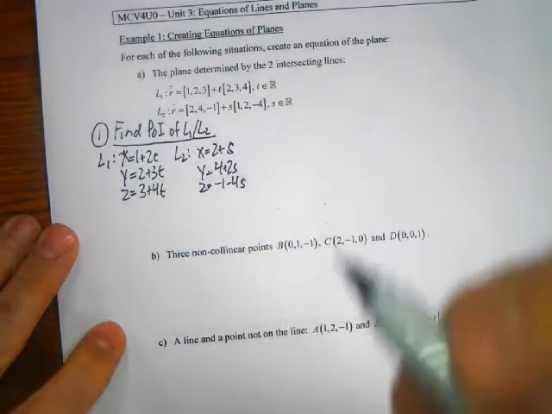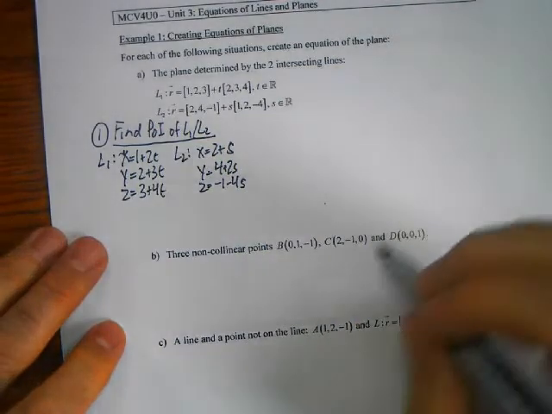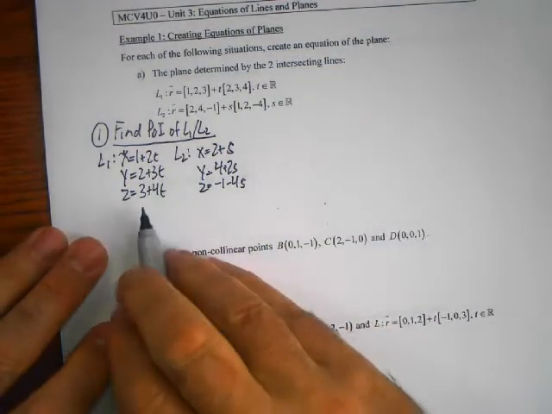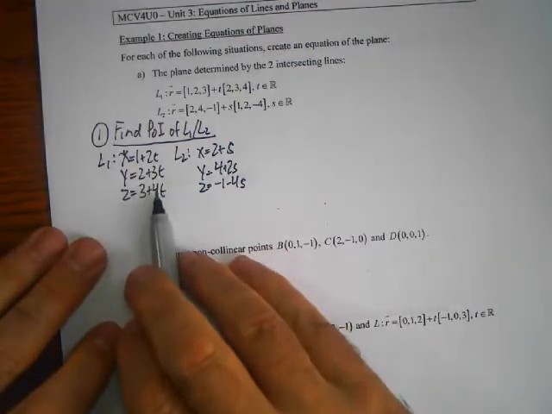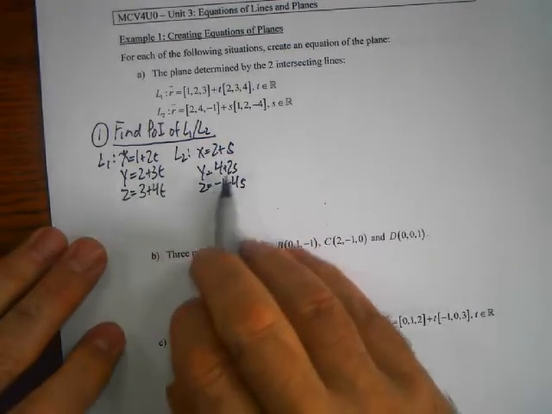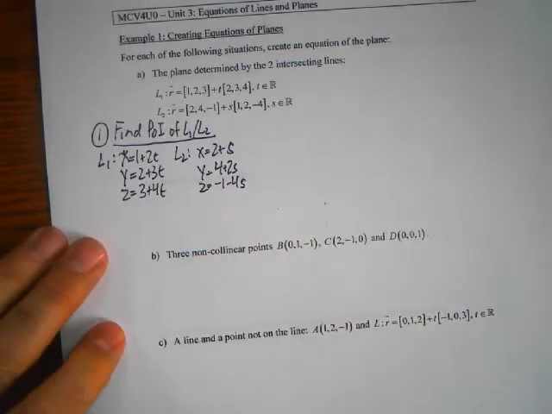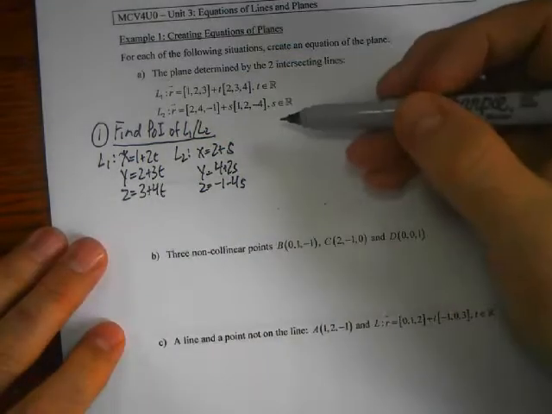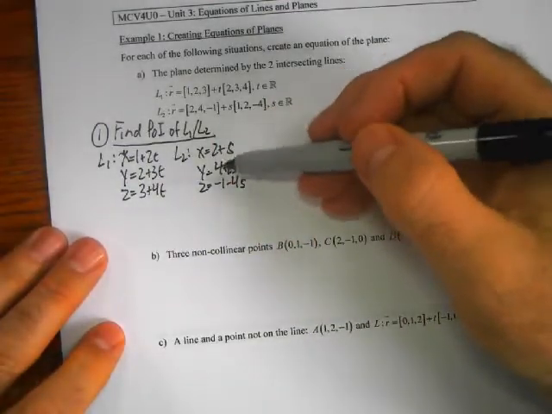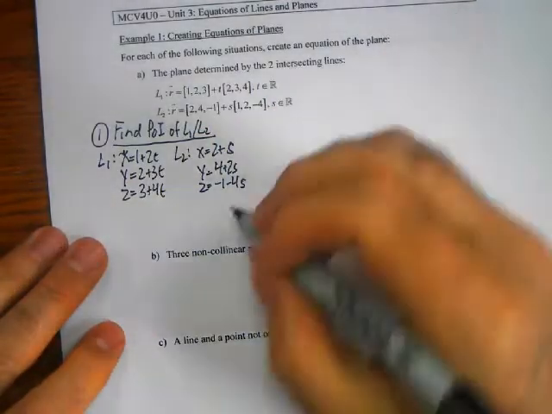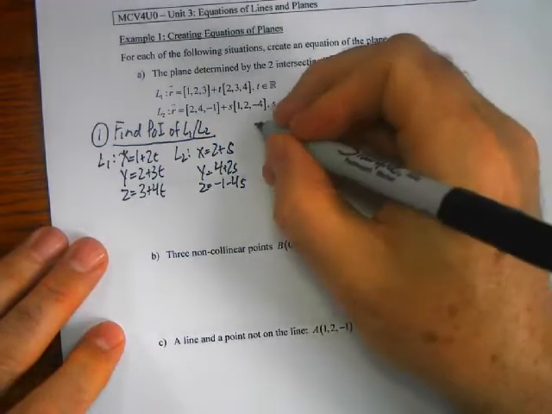What we're going to do here is find the values of s and t, hopefully, that would allow us to have a point that's in common between these two lines. The way we do that is we pick two of the x, y, and z. I'm just going to start with x.